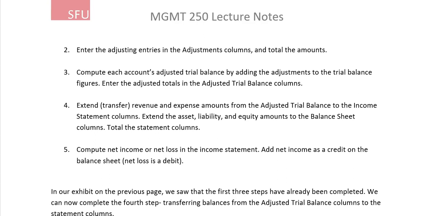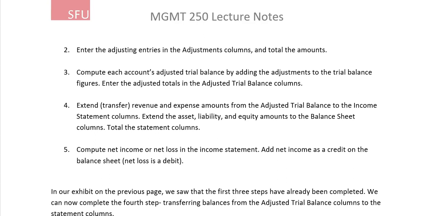Similarly, we'll be extending the asset, liability, and equity amounts to the balance sheet columns. So this will be, once again, numbers from column 3 now being copied into column 5. And the balance sheet items will be at the top, at the first half of your worksheet.